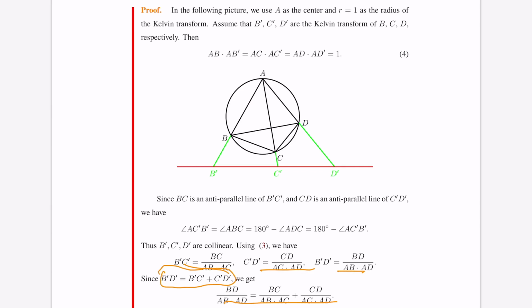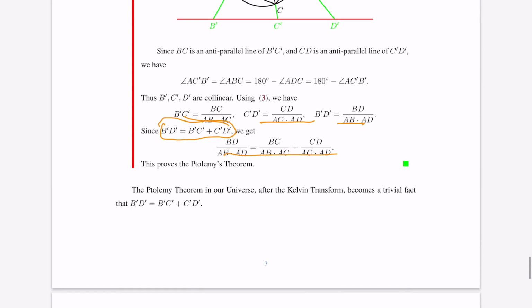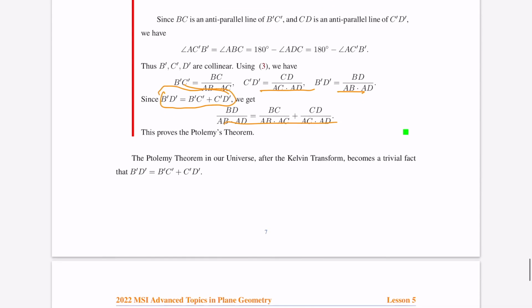Okay, so in one universe is a complicated, maybe exotic theorem, corresponding to the other universe that is a trivial theorem, and so they are equivalent. So the Ptolemy theorem is only difficult on the surface. Using the same method, the Kelvin transform, you can actually prove the Ptolemy inequality.